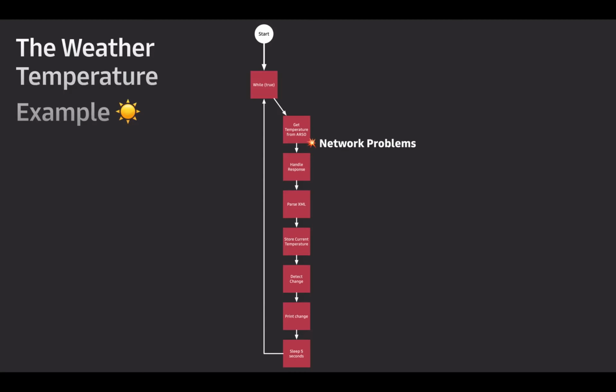It might be unreachable. Your network might be unreachable. So you'll have a problem there. When you try to handle the response from this web service, it might return a 500 error, and you won't be able to process that. And here we're dealing with a service that serves XML. Then you need to convert that XML into some internal representation that you can actually work with. Again, that XML might be broken.